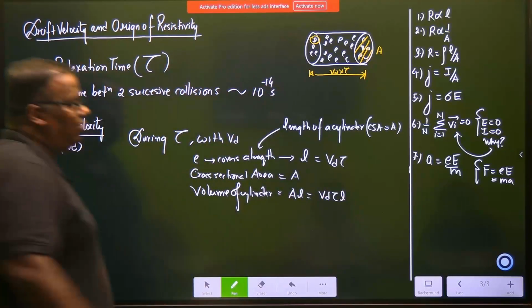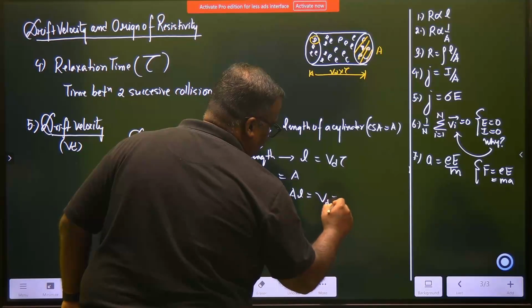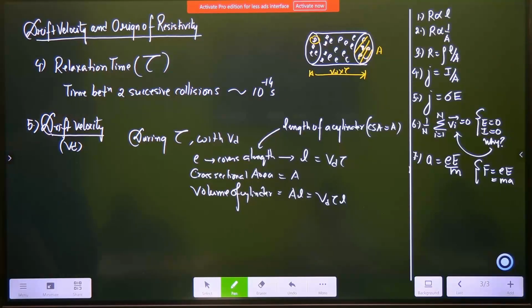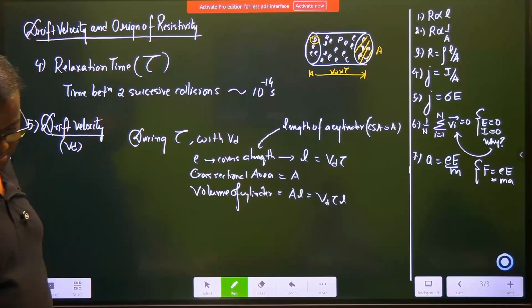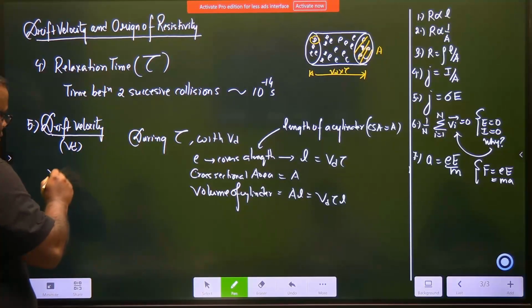Is this clear? Fine, this is the volume.